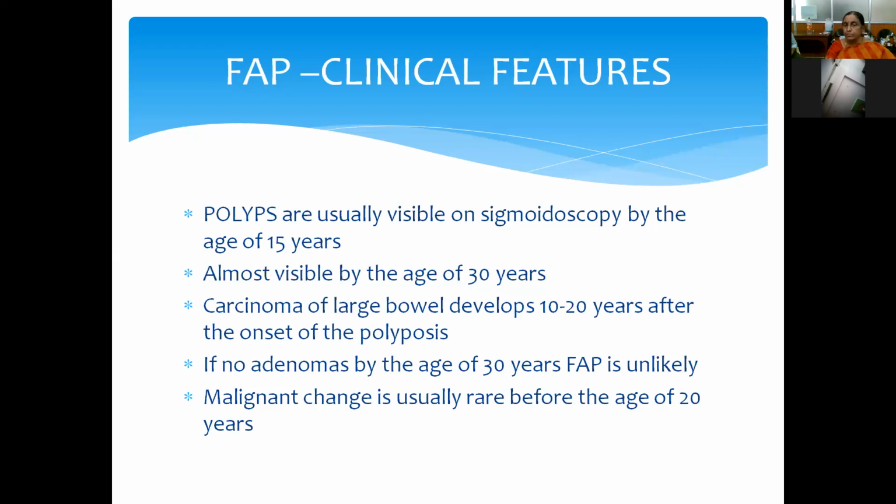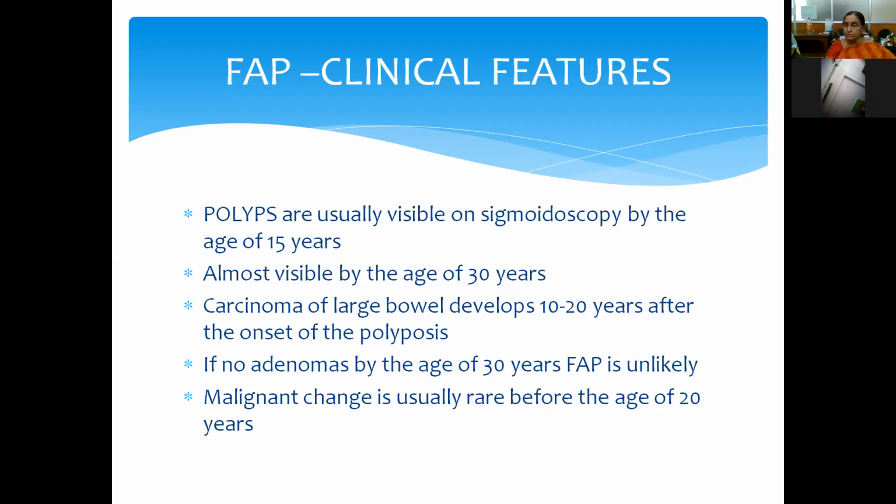If there is no adenoma by the age of 30 years, FAP diagnosis is unlikely in such patients. So 30 years is the upper limit. Usually carcinoma of the large bowel develops 10 to 20 years after the onset of the polyposis. That you should remember. And another thing is malignant change is usually rare before the age of 20 years. These are the four points you are supposed to remember when you are talking about FAP.